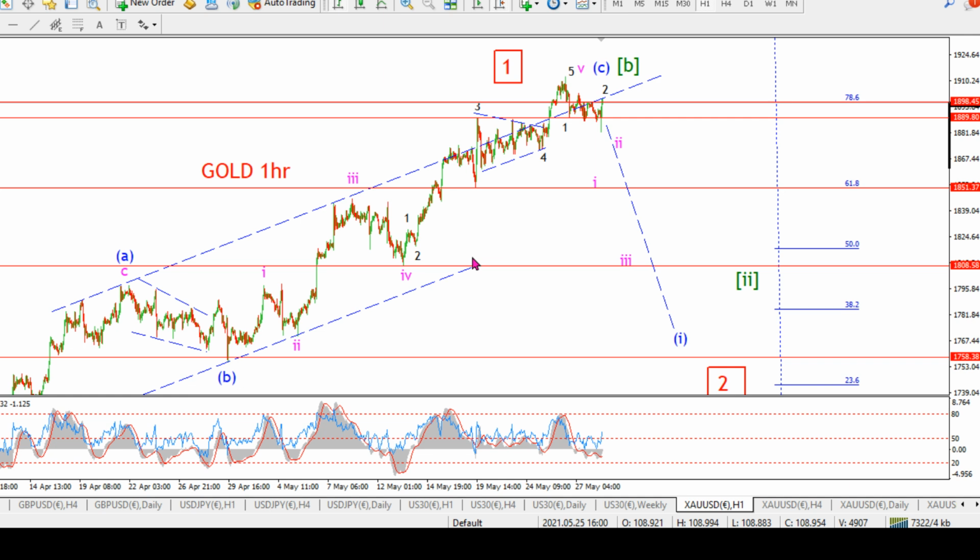So it looks like we should start heading lower pretty quickly, but that just hasn't happened yet. So still waiting for a first down leg to come in gold to begin a C wave.